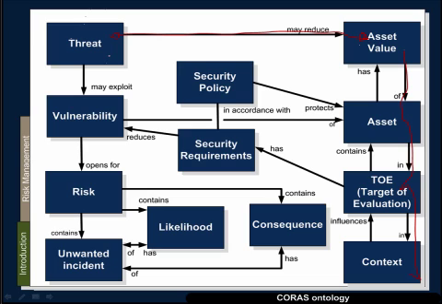Again, we might say a threat may exploit a vulnerability which opens for a risk which contains an unwanted incident of a certain likelihood. In this way we can define the basic language that we use to define risk. Over here we can see a security policy protects an asset in a target of interest in a certain context.